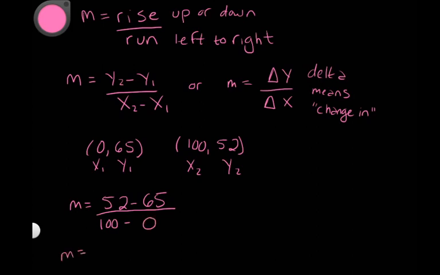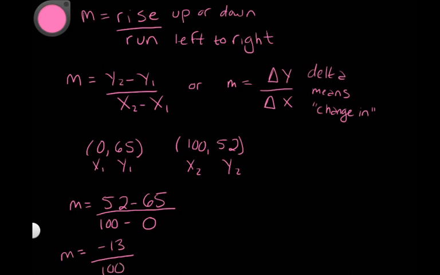So m equals 52 minus 65 is going to be negative 13. And 100 minus 0 is just 100.